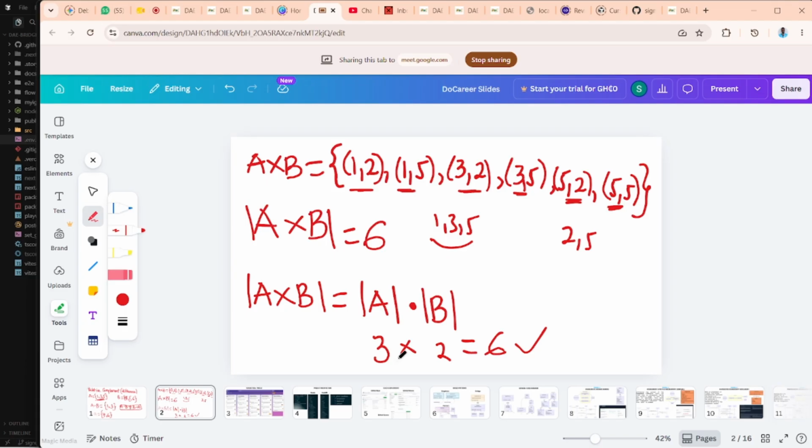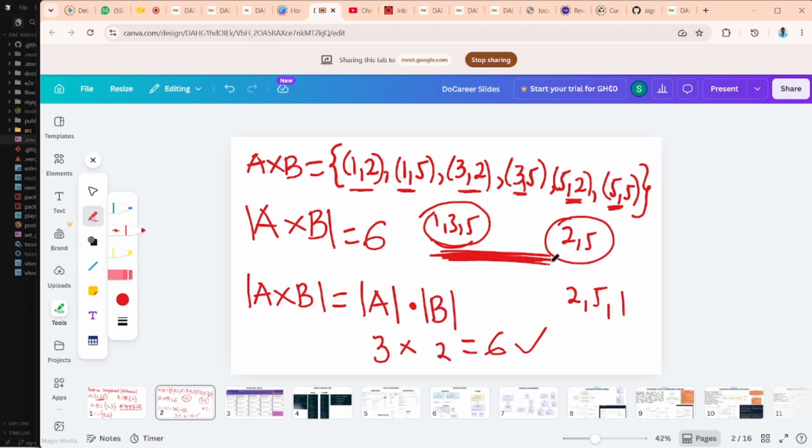Even if you have 3 sets, let's say I have another set like this, 2, 5, 1, as my set C. First you do your A cross B, these two first.